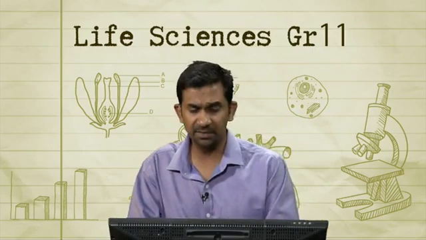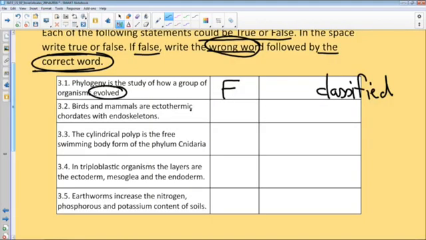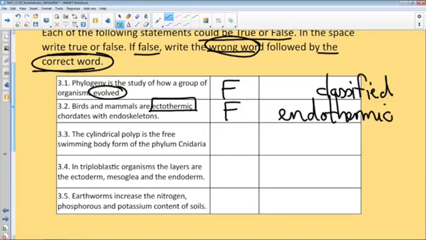Previously we would refer to them as being cold-blooded and warm-blooded. Are birds and mammals cold-blooded? No guys, if we feel our body temperature, we know that it is constant, it remains around 37.5 degrees Celsius. So that is a warm-blooded animal. We refer to us as being endotherms. So the incorrect word here is ectothermic, so that's a false statement, and the correct word should be endothermic. Okay, cool. Let's see the next question.